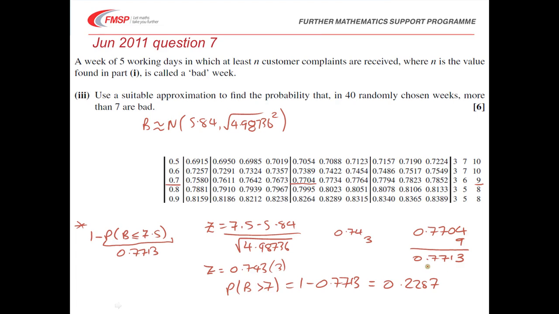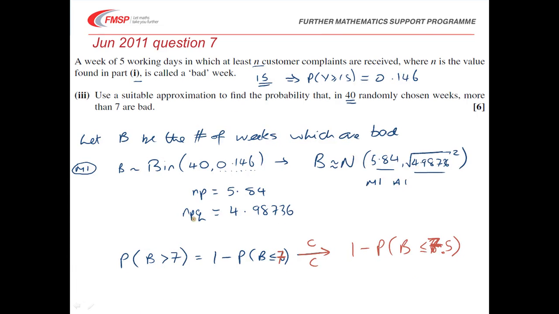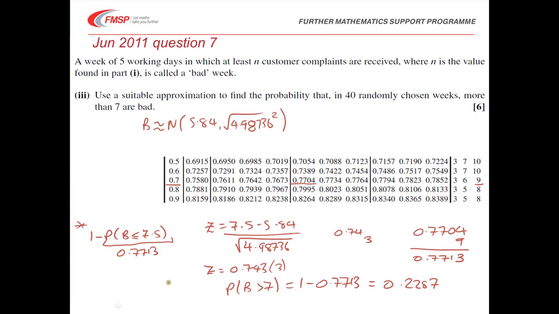Okay, so your marks in total for this question, just so you can see, we've talked about your first 3 marks, so your final 3 marks come from the following. You get a method mark for standardizing correctly. You're then going to get an accuracy mark if effectively you got the correct Z value, but it comes down to doing the correct continuity.